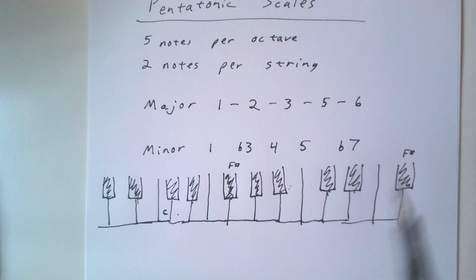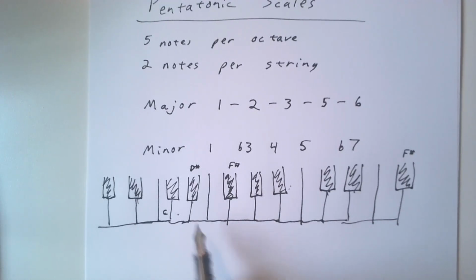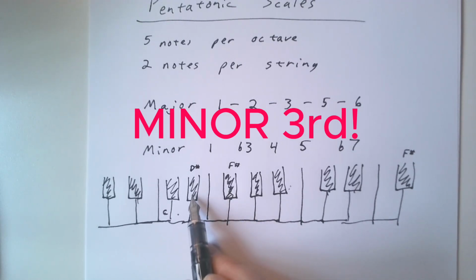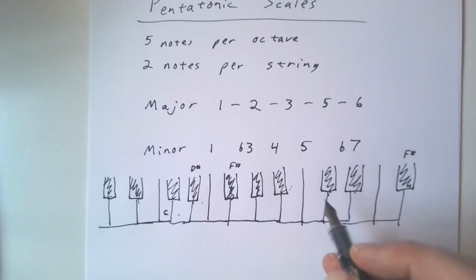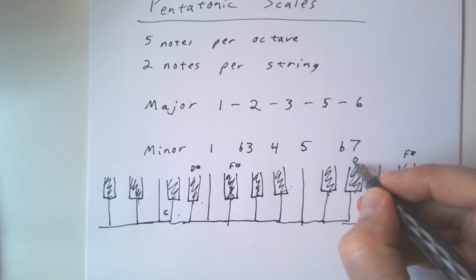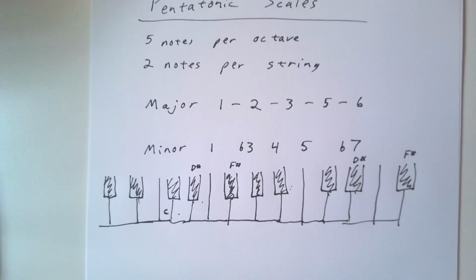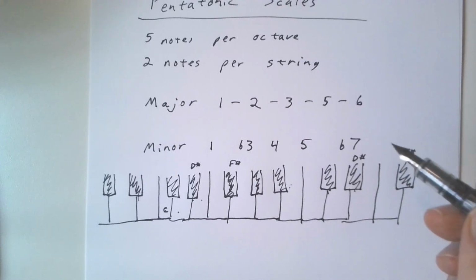If you start on the D sharp or E flat, you will get the minor pentatonic, where you start out with a minor third: 1, flat 3, whole step, minor third, jump from here to here, and then this is another D sharp for the octave. So if you're visualizing what a pentatonic scale is, think about this: whereas the diatonic scale was all whole and half steps, the pentatonics are all whole steps or minor thirds.